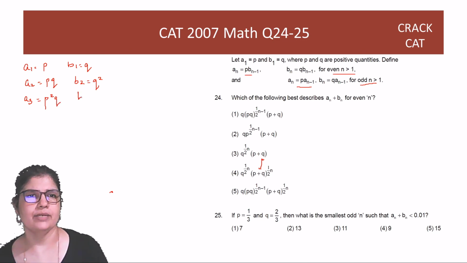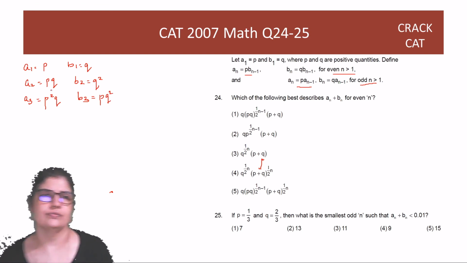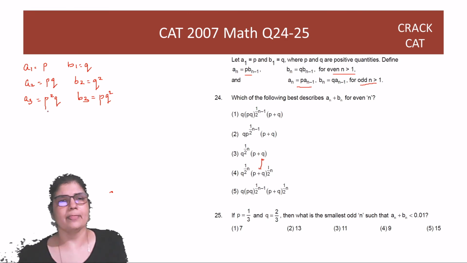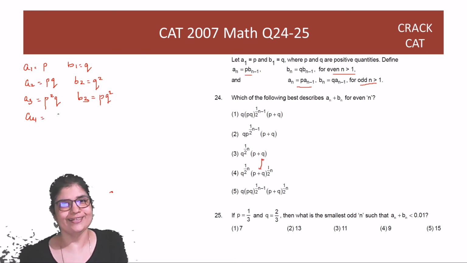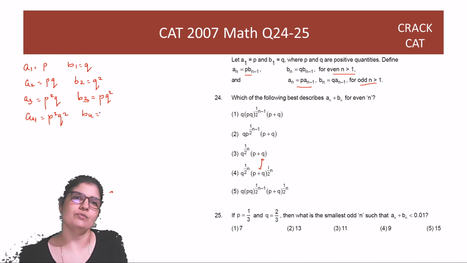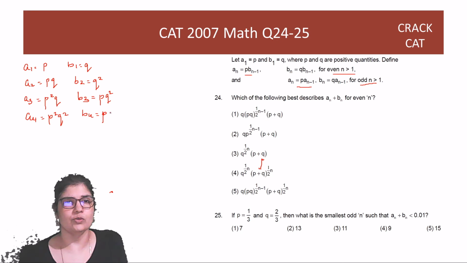B3 is going to be Q times this, so P Q square, right? P Q into this, okay. Now let's see what A4 is. A4 is going to be P into this, so it's going to be P square Q square. B4 is going to be Q into the earlier B, so P Q cubed.